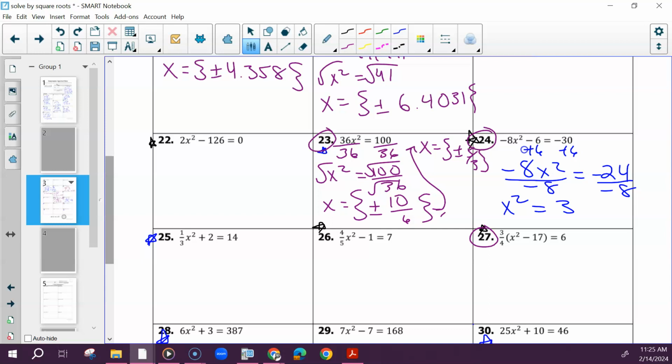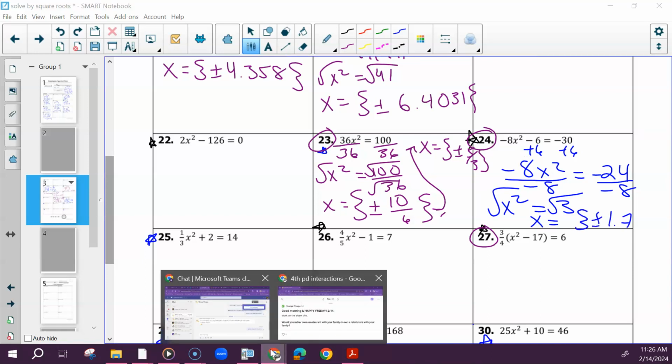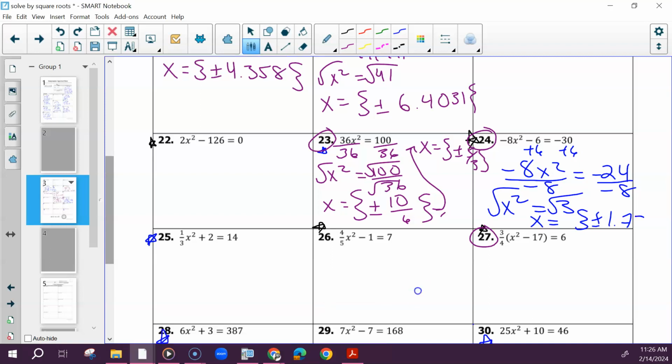When you take the square root of both sides, what is that? So 3 was what we got when we isolated. 1.732. Plus or minus 1.732. Okay, questions on that one?